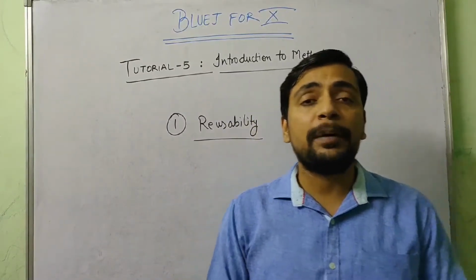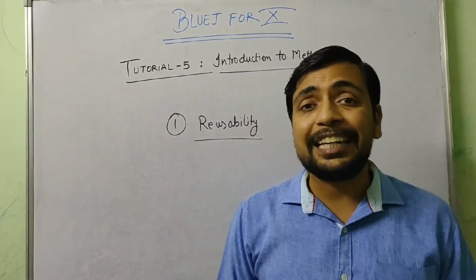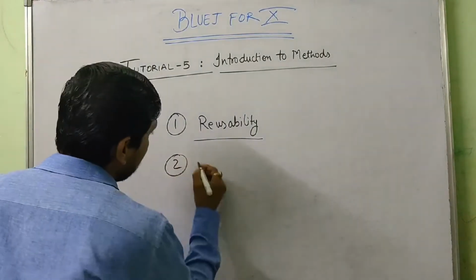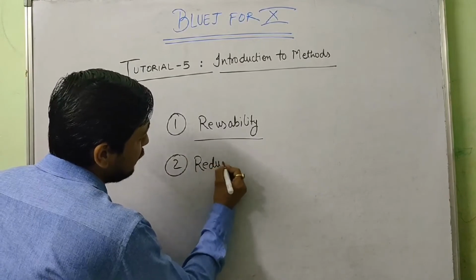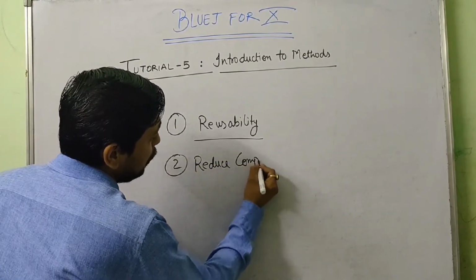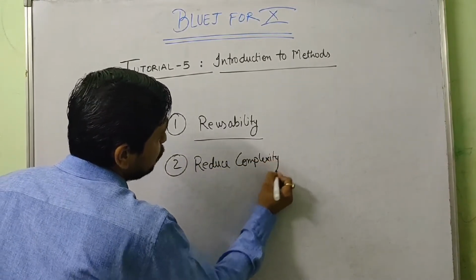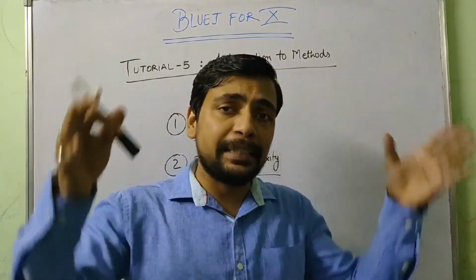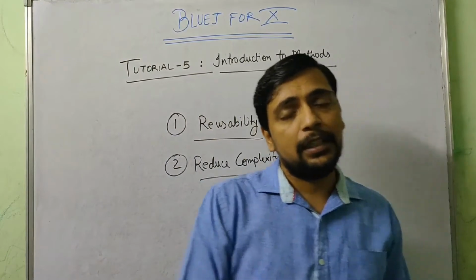The second most important advantage that a method provides is that it reduces complexity. Now, how does a method reduce the complexity? Most of the complex logics are part of a method. We keep that inside the method.